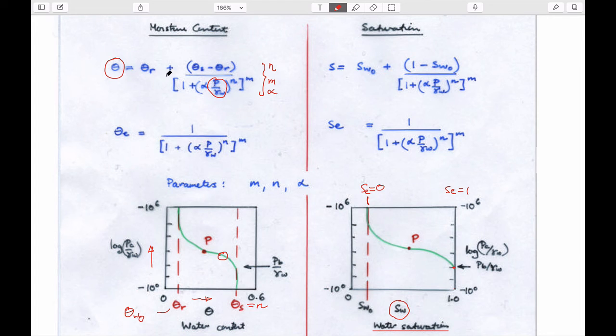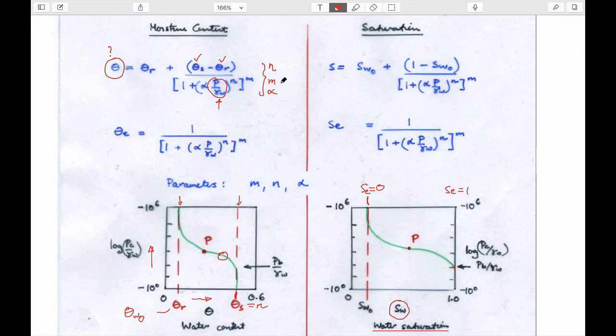And so this here is just the equation of this particular curve, where we'd like to know what this is as a function of the capillary pressure or matric potential that we define. And we can do that as a function of material properties, which are the saturated moisture content and the residual moisture content, which are these two values here.